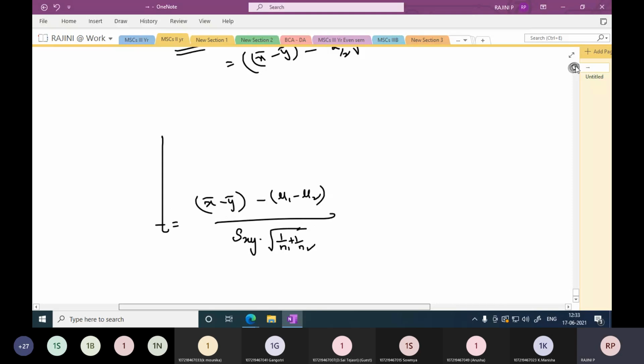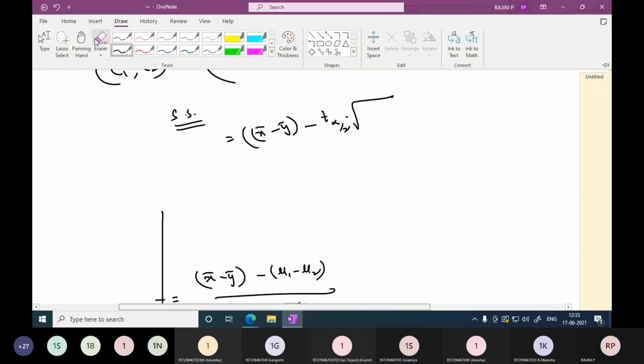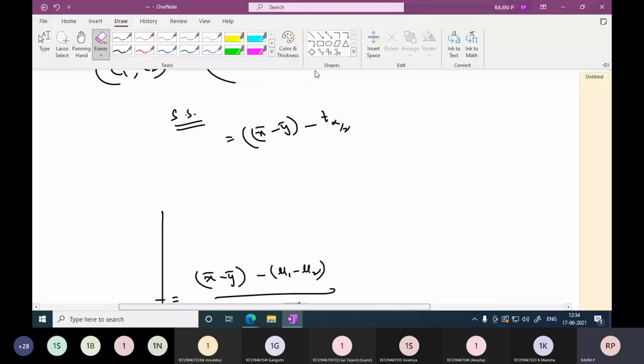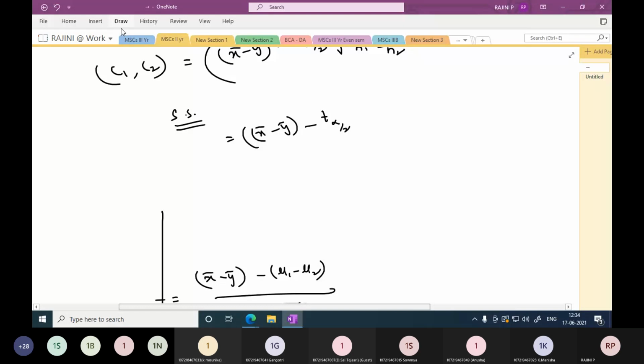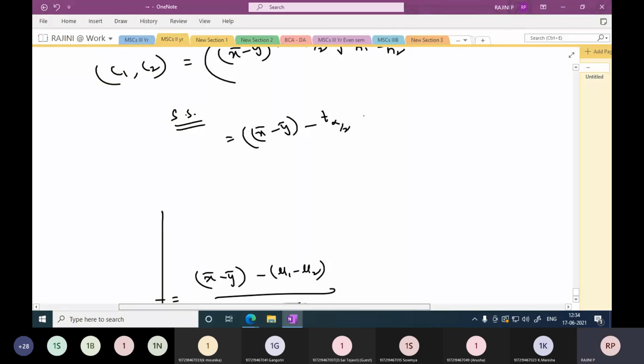Now tell me, what are the limits for the small sample? X bar minus Y bar minus T alpha by 2 into Sxy into the root of 1 by n1 plus 1 by n2.